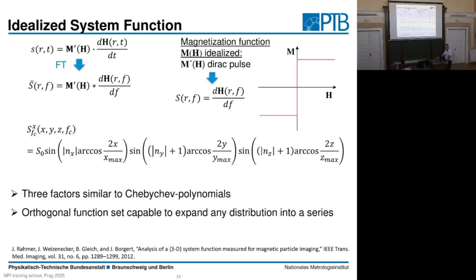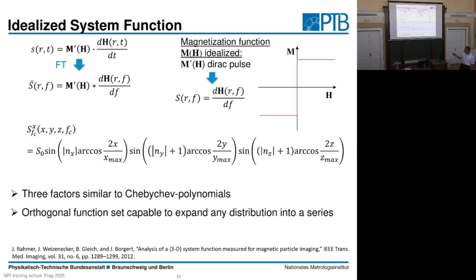The only thing that we can do is idealize our system function. And for this we define the magnetization as a sign function, an infinite jump, and the derivative of this is the Dirac pulse.